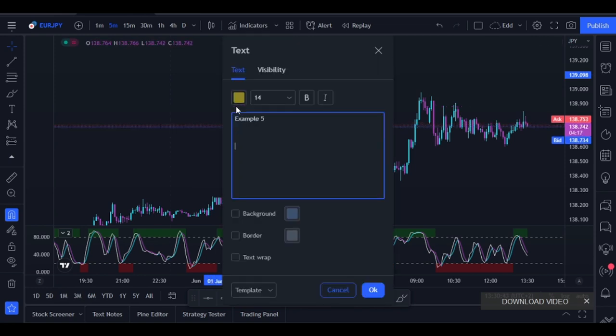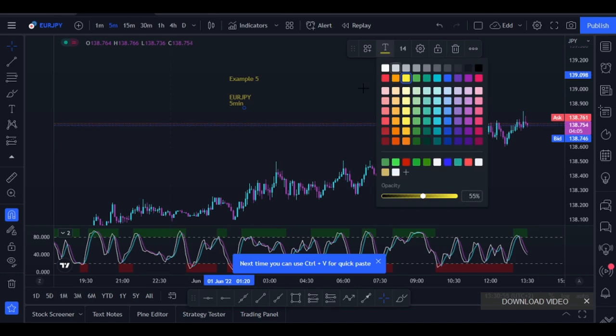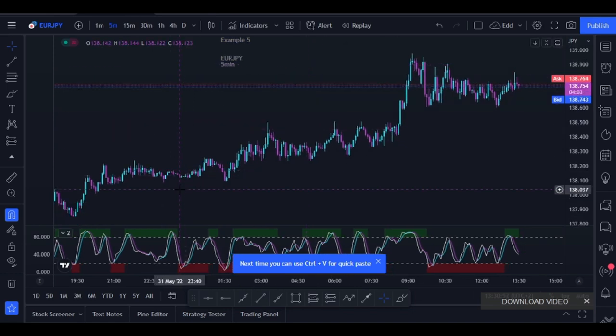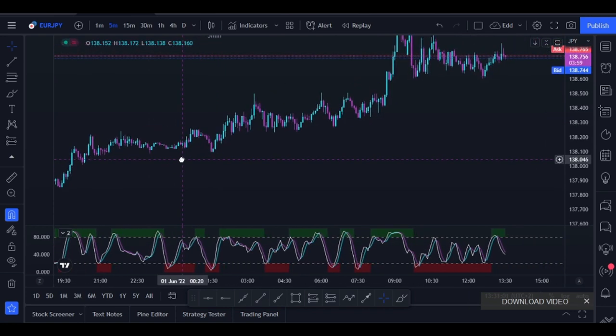This is example number 5 on the EURJPY 5-minute. Okay. Let's make this gray. Okay. This thing has been trending up. It's been trending up. Now let me show you where I executed from.